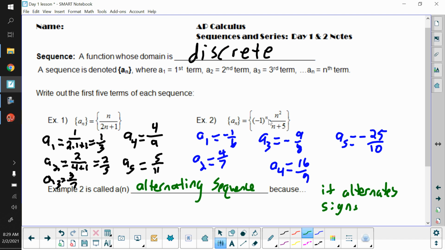So you'll recognize an alternating sequence most frequently by that -1 raised to a power. But there are ways to get an alternating sequence using writing cosine or sine in certain ways as well. So this is the most common way to see an alternating, but other occurrences might happen as well.